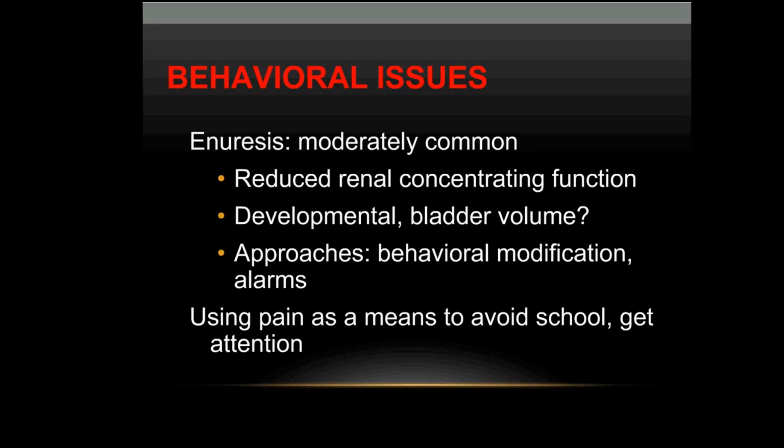Some of the other behavioral issues are enuresis, and the question is whether it's from reduced concentrating function, or is it developmental, is it bladder volume issues. What you can do is the typical approaches, behavioral modification or using alarms. But we also need to be really watchful, not necessarily just in adolescence, but at any point, to see if folks are using pain as a means to avoid school or to get attention.